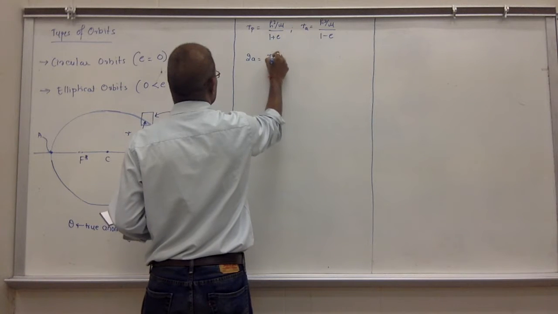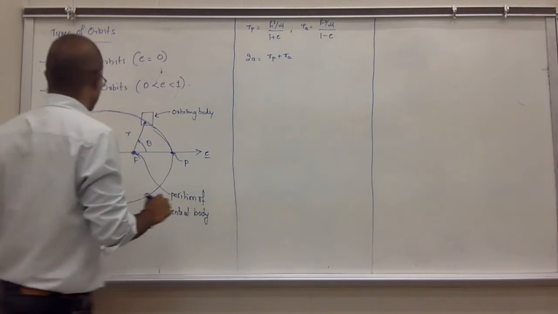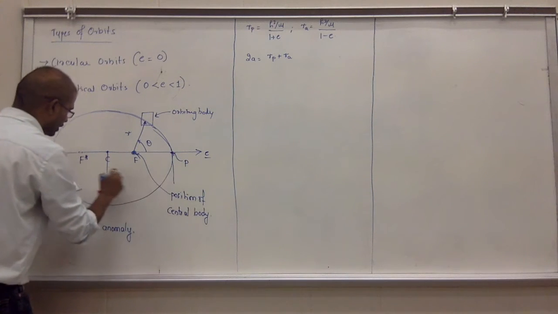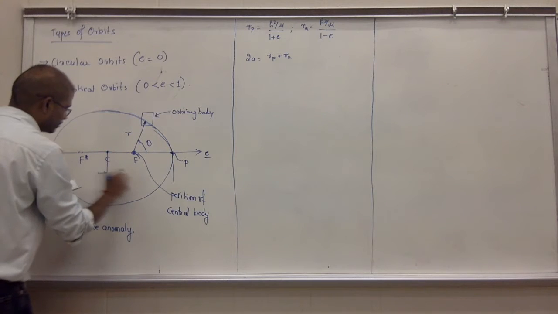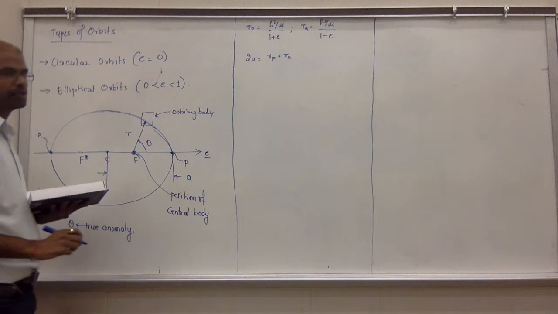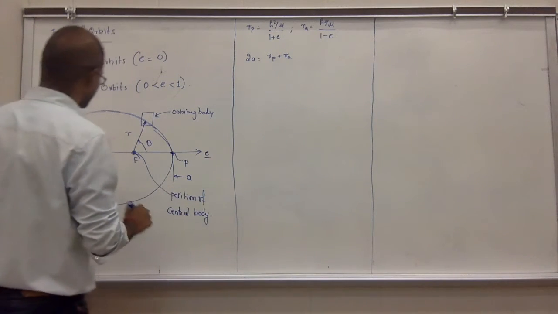It's just RP plus RA. Okay, 2A is what? A is this distance, right? A is the semi-major axis. 2A is the major axis. And RP plus RA, this is RP.